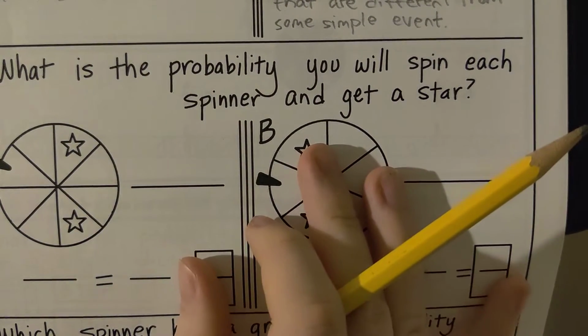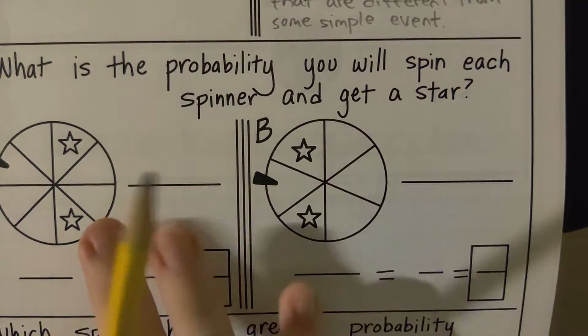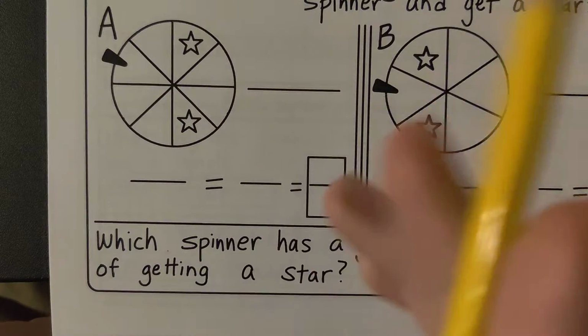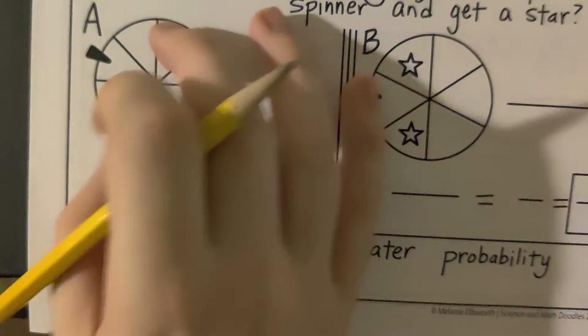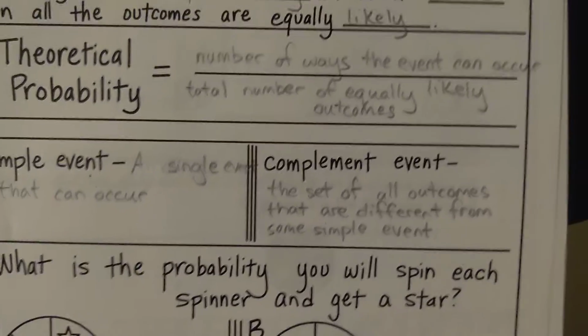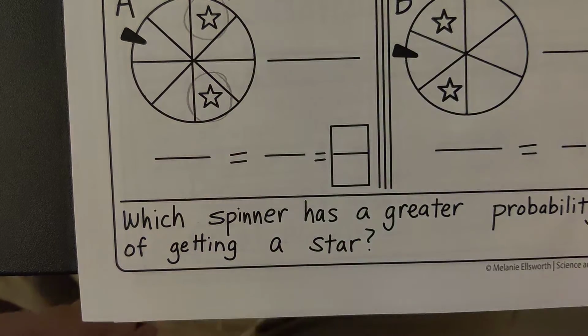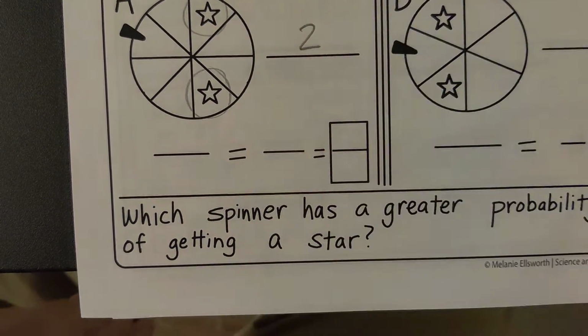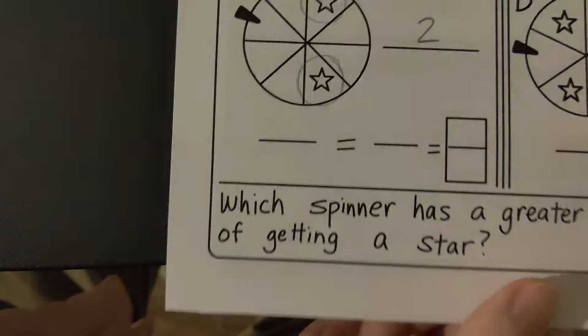Now, let's look at this example. What is the probability you will spin each spinner and get a star? So we look at this, and we think about the number of ways the event can occur. Right? That's what we had up here. We see there's 2 ways we could land on a star. So we're going to write 2 here out of the total number of equally likely outcomes.